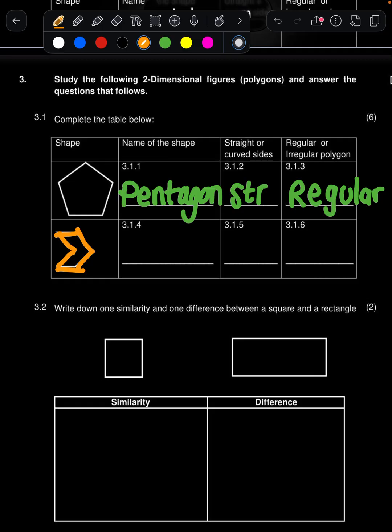So it's penta, hexa. Yeah. So this is a heptagon. It has straight sides again. And then is it regular or irregular? This is an irregular one.